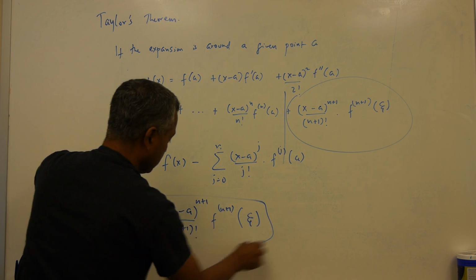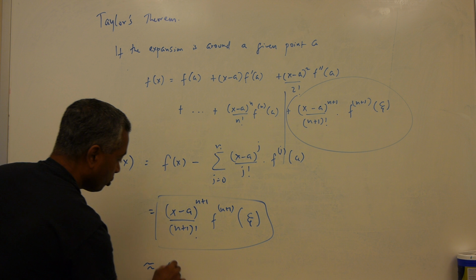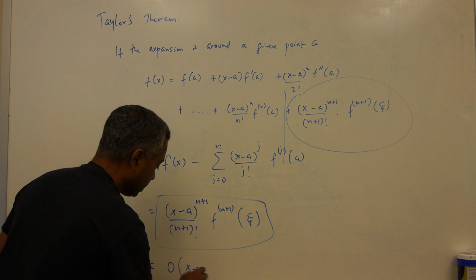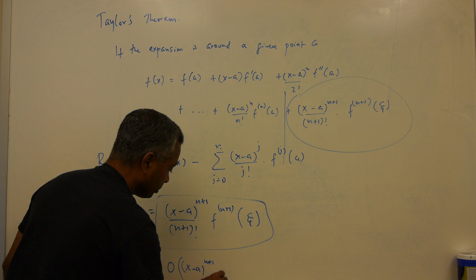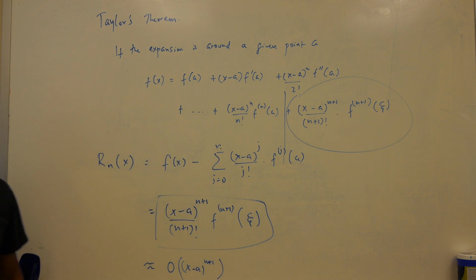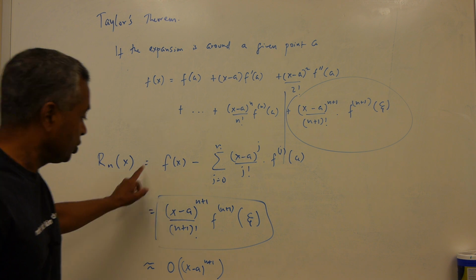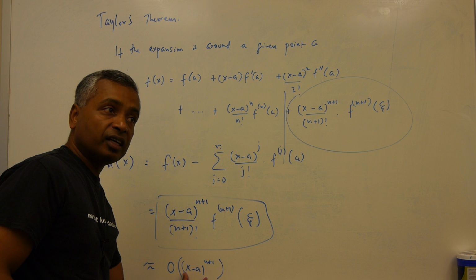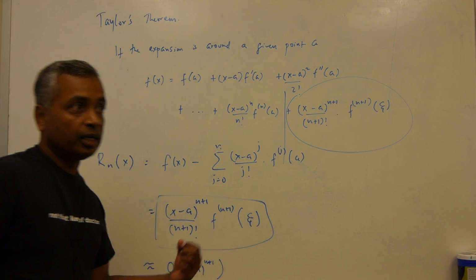This error term can also be written as big O of (x minus a) to the power n plus 1. So what this tells you is that if you have a finite Taylor series approximation of degree n, then you have an error that roughly goes as degree n plus 1.